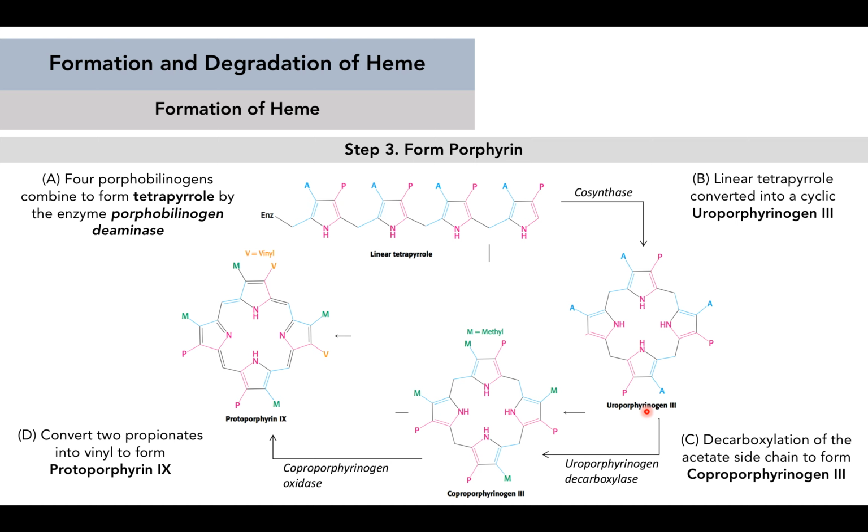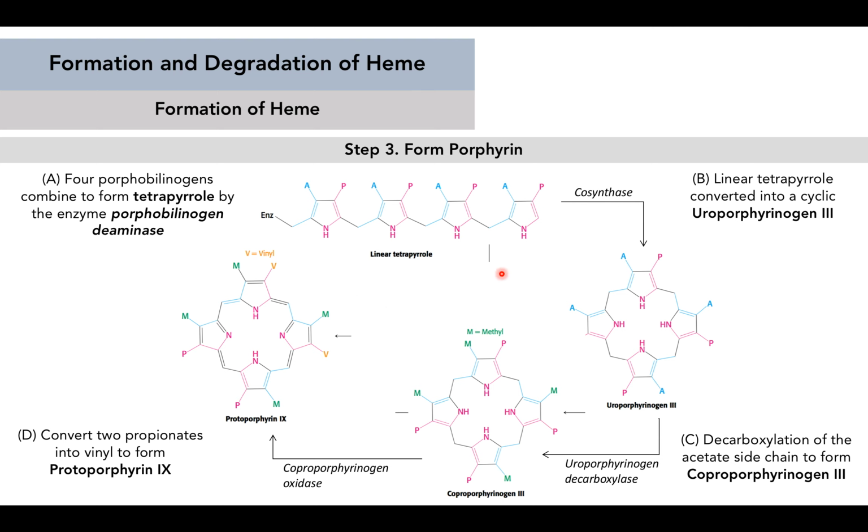Once you have porphobilinogens, you're going to need 4 of them, 1, 2, 3, 4 porphobilinogens, to make a linear tetrapyrrole. So here we're talking about 1 linear molecule consisting of 4 porphobilinogens. Now remember that porphyrin is cyclic.